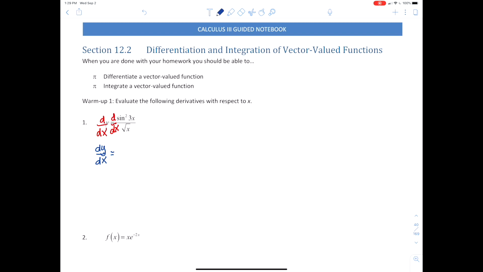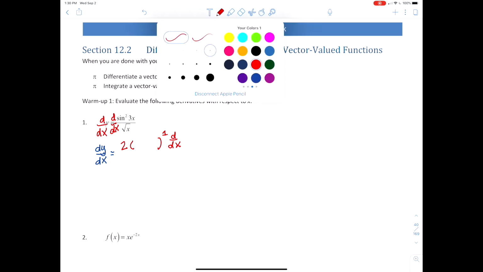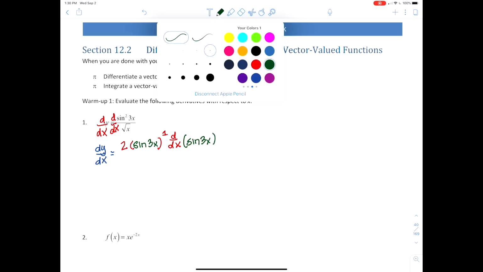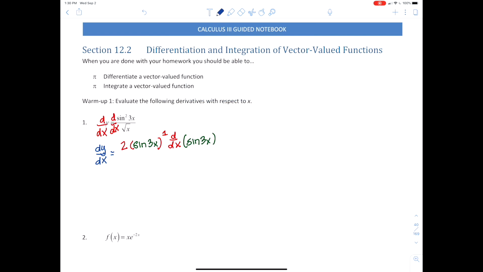So when we differentiate the numerator, we'll end up getting, remember the chain rule, so we'll have 2 times a something to the 1 power, and then times the derivative with respect to x of our something. And what was that something? Beautiful. It was sine of 3x. So we still need to differentiate sine of 3x. And then this whole thing will be multiplied by x to the 1/2.